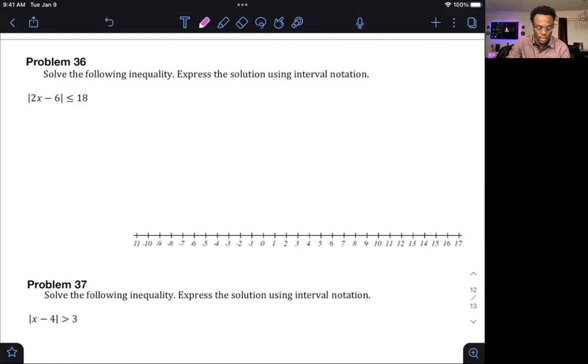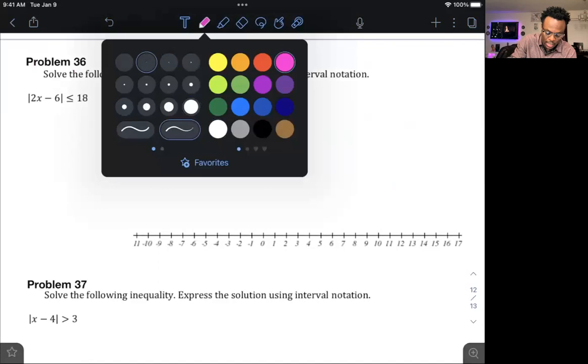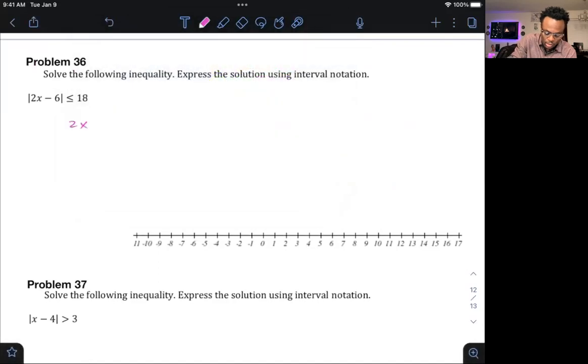It's already isolated. But I like when it's the expression inside, which is 2x minus 6 less than the number on the other side. Whenever it's less than, I want to keep it this way. It's simpler.